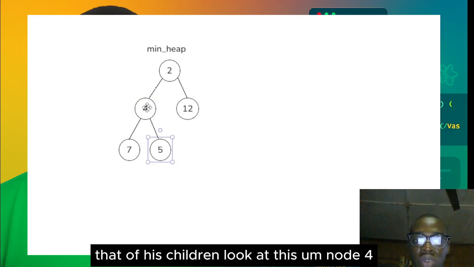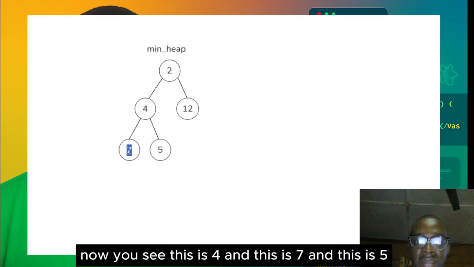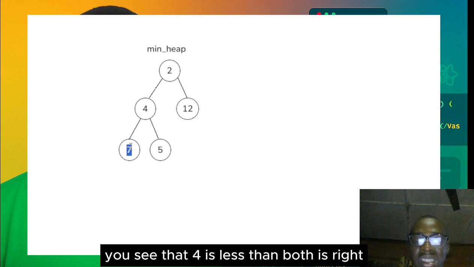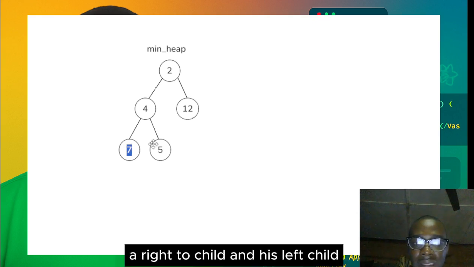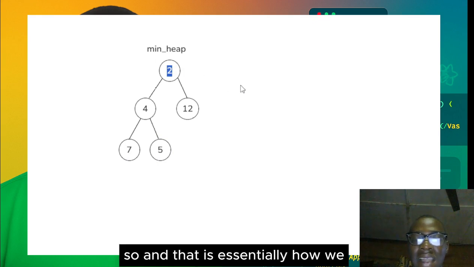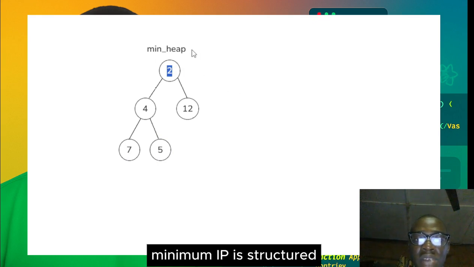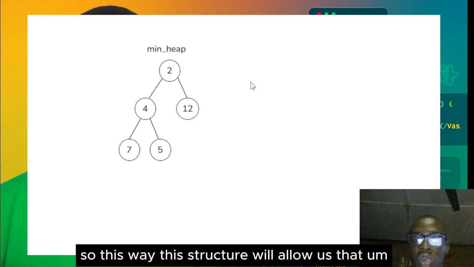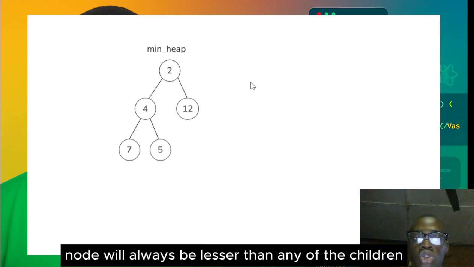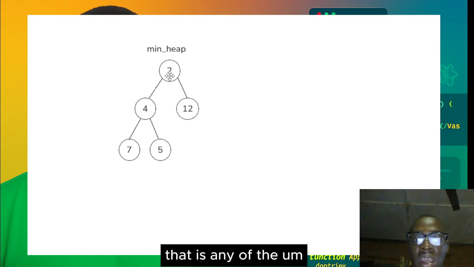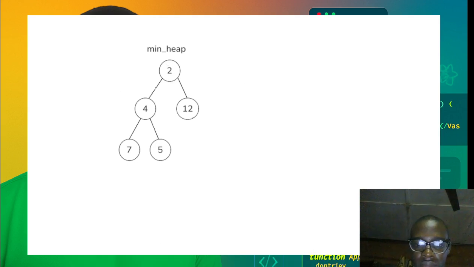Look at this node 4 now. You see this is 4 and this is 7 and this is 5. 4 is less than both its right child and its left child. That is essentially how a minimum heap is structured. This structure ensures that the root node will always be less than any of the other nodes in the tree.